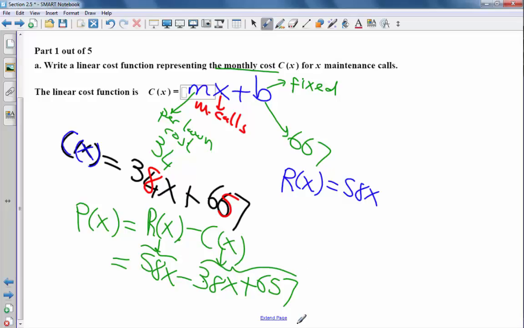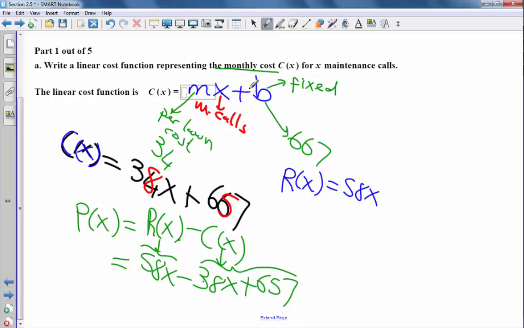If you put this answer, yes, you will have a mistake. Because it looks like you're subtracting only 38X from your money. This is the total money you have in your pocket after each month. And you're only subtracting this, and it looks like somebody donated $657 to you. This looks like plus, you see? Looks like it's in my pocket. No, you already spent this.